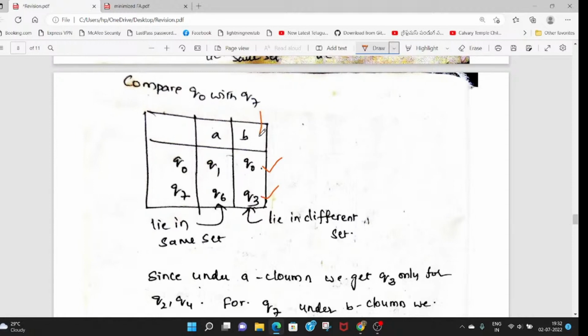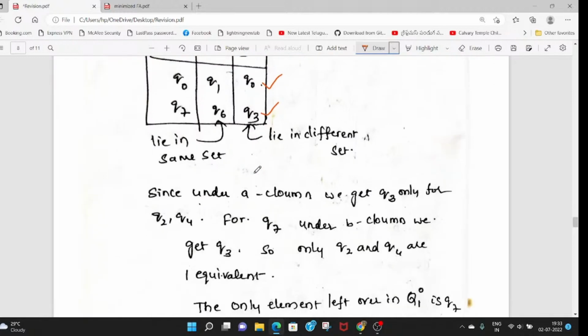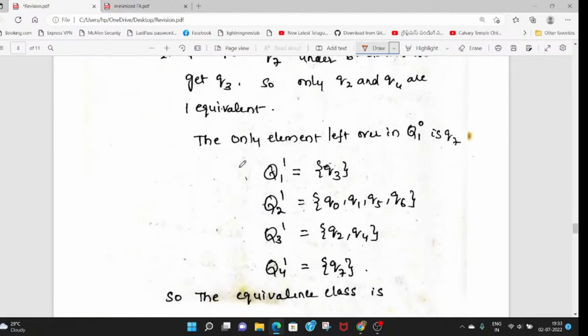So now you can observe here this Q0 differs from Q7 at column B. So now you are finding two states differ in column A and one state differs in column B. Because of that reason I am getting different states at this level.